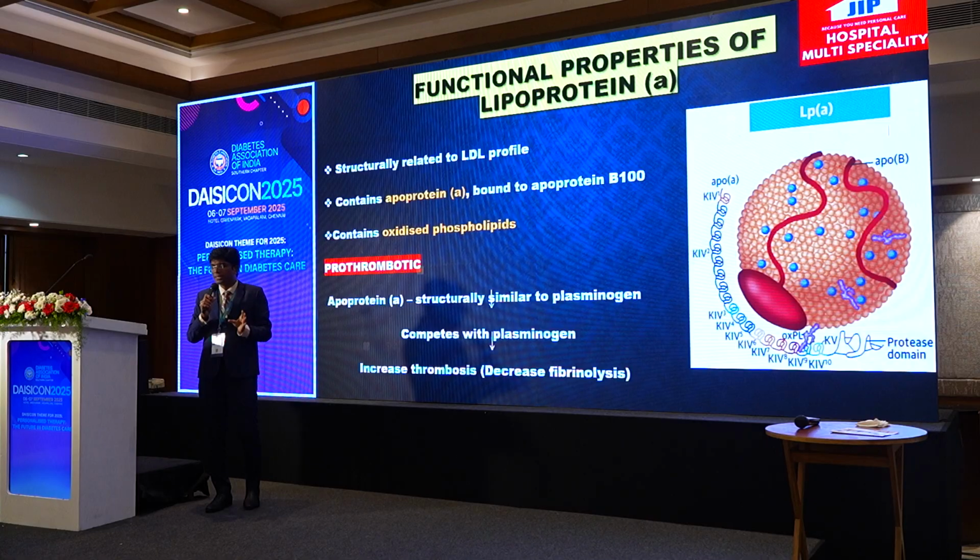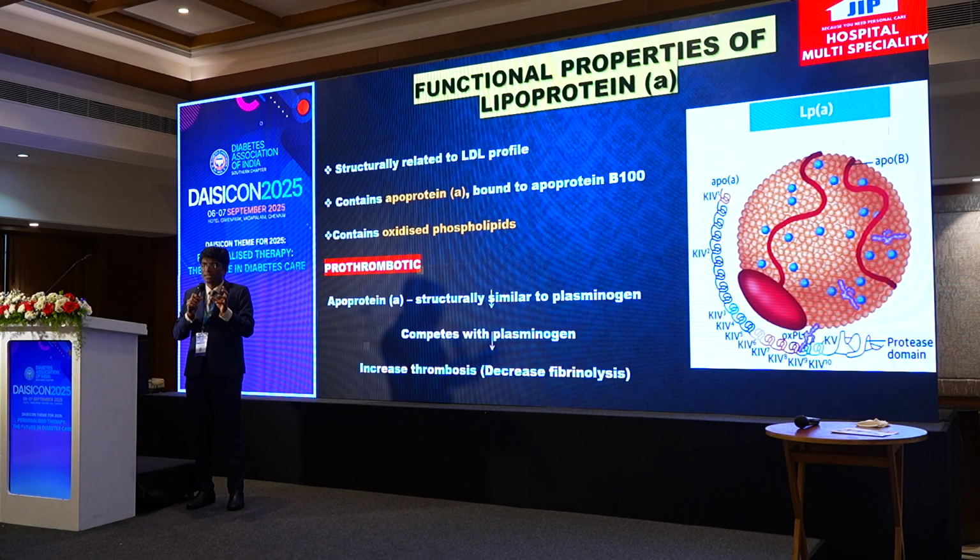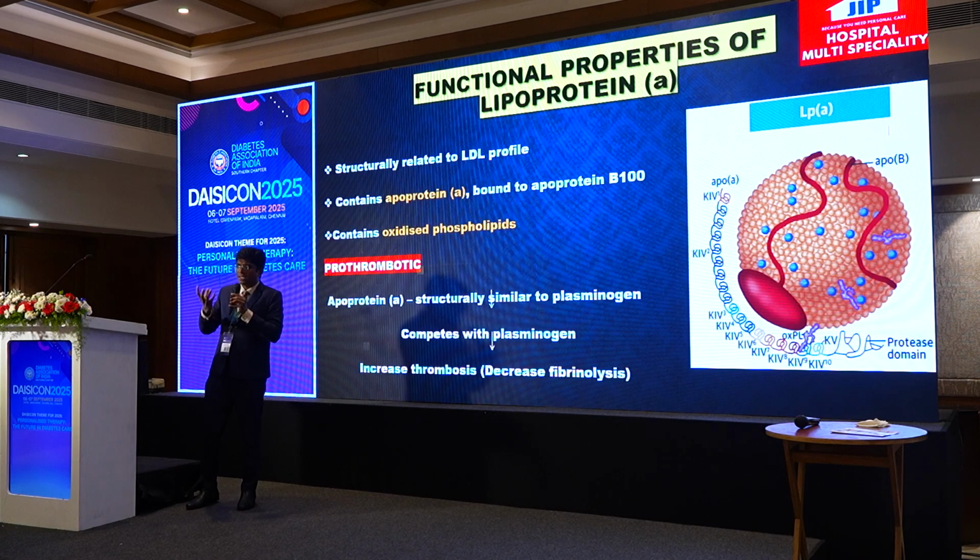So, how does lipoprotein A behave? You have to remember that lipoprotein A is almost identical to LDL. But how does it differ from LDL? I want you to recall the structure of lipoprotein. You are all aware that all the lipoproteins like HDL, LDL or VLDL are composed of a core, and the core is surrounded by an outer membrane. The core is composed of cholesterol ester and triglyceride.